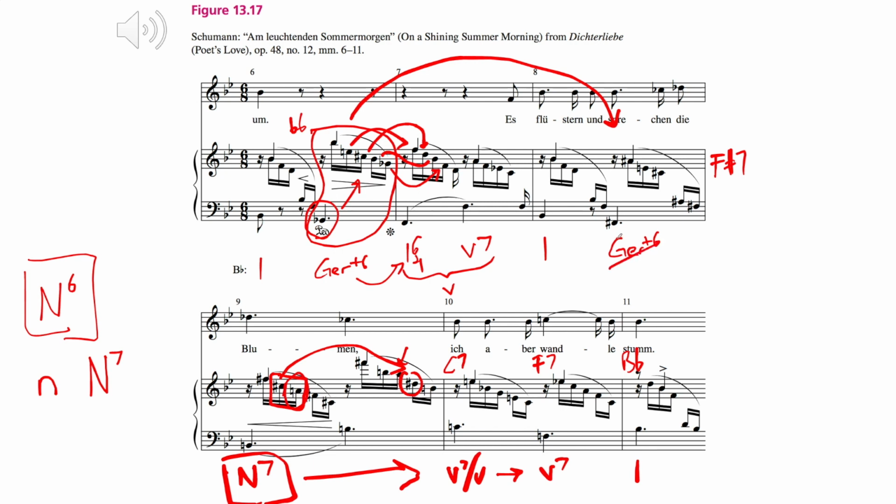Then instead of this, we should also reinterpret this chord, and it is 5/7 of the Neapolitan. In my opinion, this is the most reasonable explanation of the harmonies.